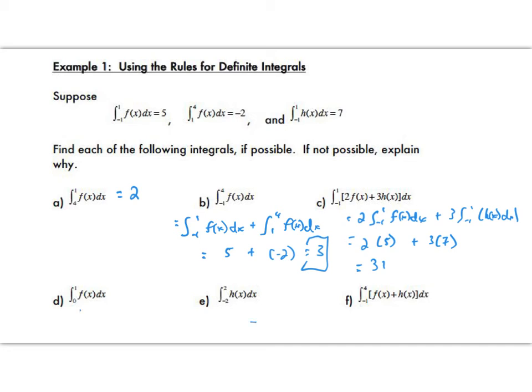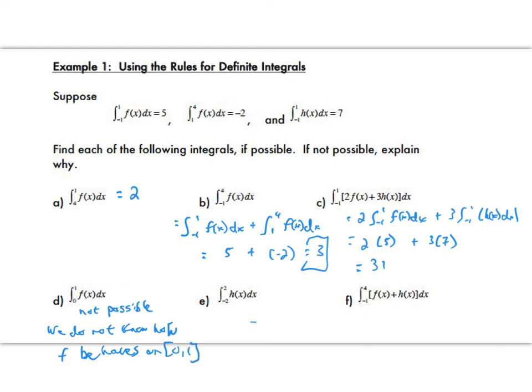So it is not possible to figure out the value of this integral because we do not know how f behaves on 0 to 1. Now here's what I mean by this.